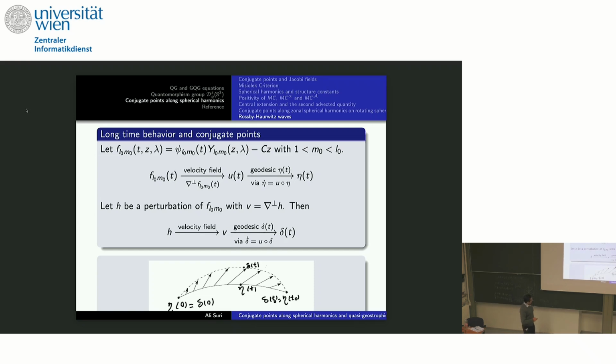Let's perturb this geodesic, this eta, a little bit, by some function; let's say perturb this function a little bit and call it h. This has a velocity field v, and also another geodesic in the diffeomorphism group, called delta. So what happens if we have a conjugate point at instant t0?